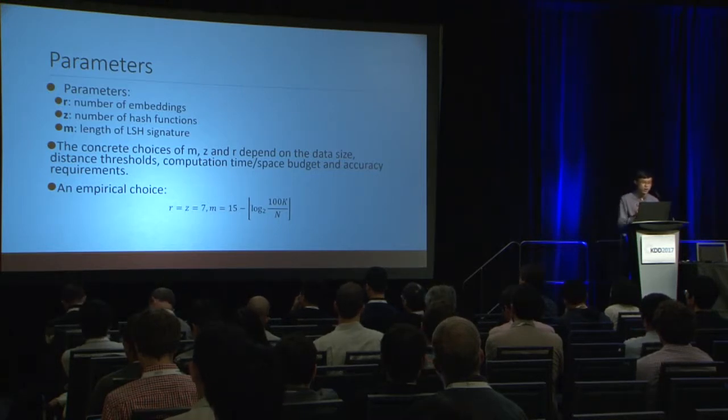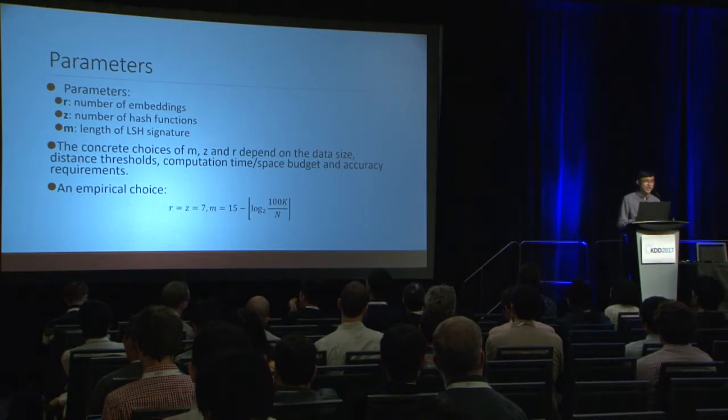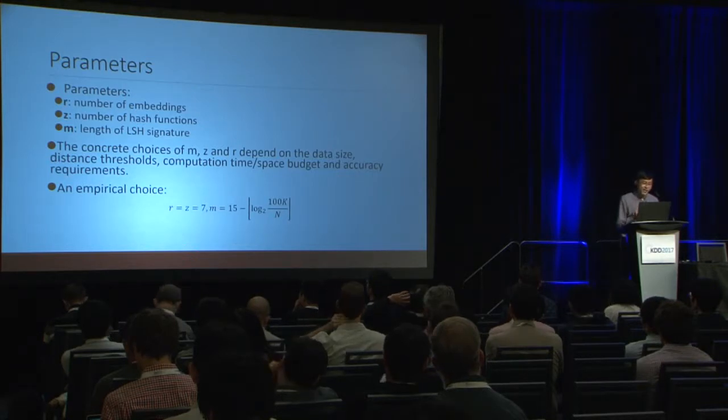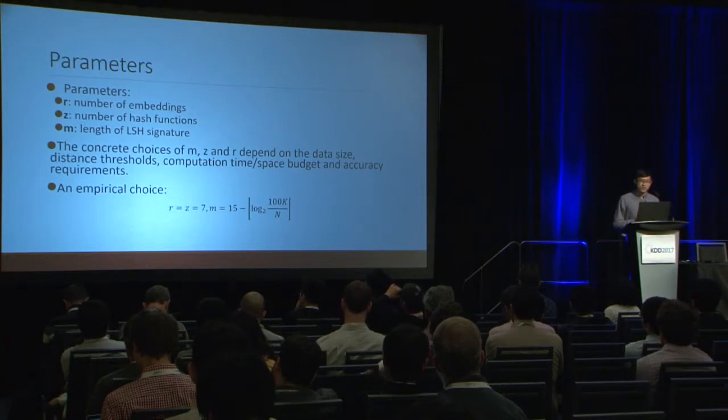However, you will also increase the number of false positives. By increasing M, two signatures are harder to match. Thus, you will increase the number of false negatives. From the datasets we tested, these parameters work well.